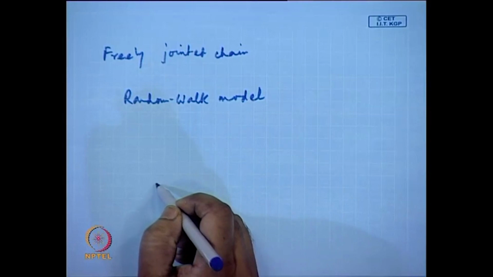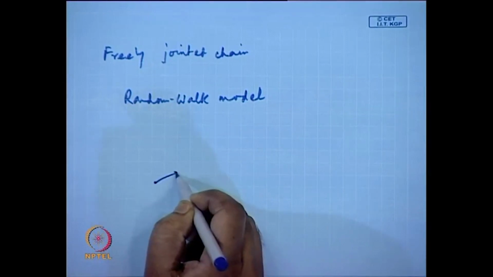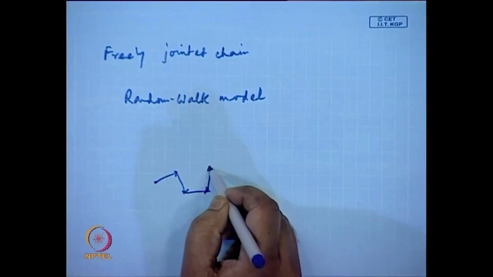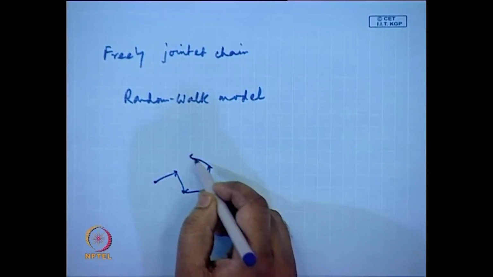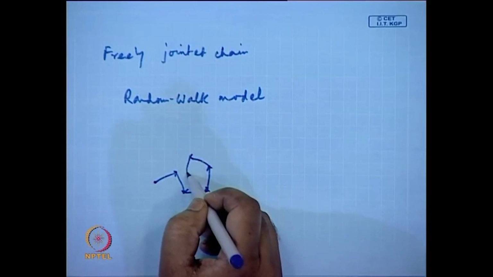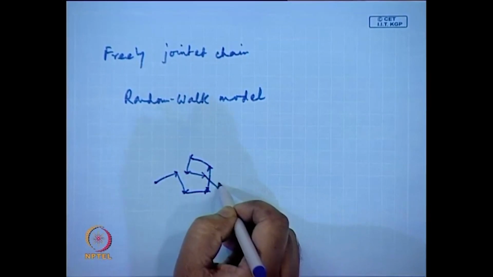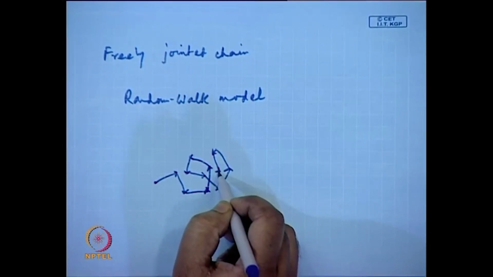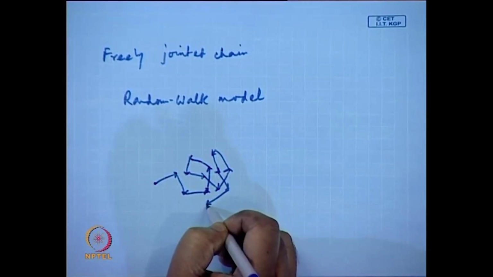So, you can start from one end and just place the other randomly. Of course, the length of each bond has to be equal. I am placing this randomly.